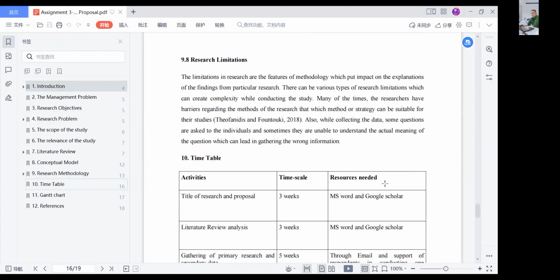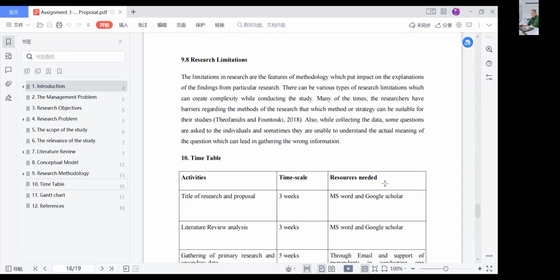Next is the research limitations. The limitations in research are the features of methodologies which have an impact on the explanations of the findings from particular research. There can be various types of research limitations which can create complexity while conducting the study.